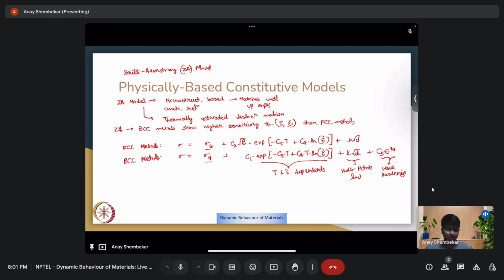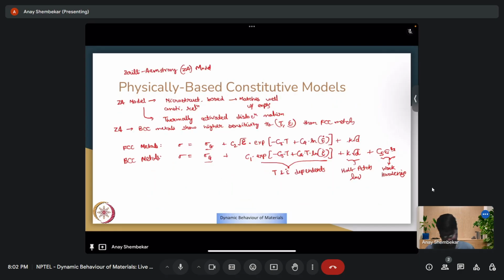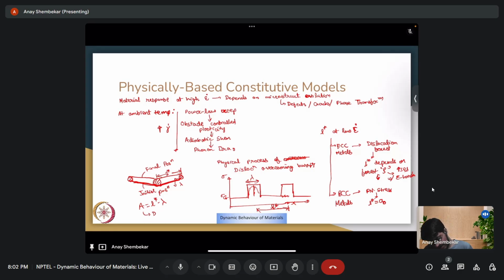So BCC metals, as we discussed in the previous slide, will have a work hardening due to the Peierls-Nabarro stress being the dominant short range obstacle. What happens for FCC metals is that there is this activation area A equal to L star into lambda. So it depends on epsilon for FCC, but not for BCC.